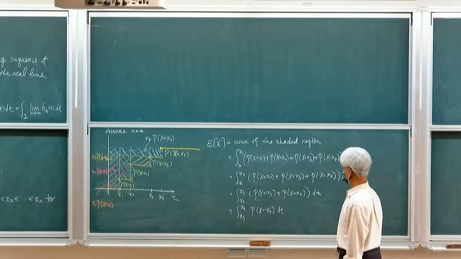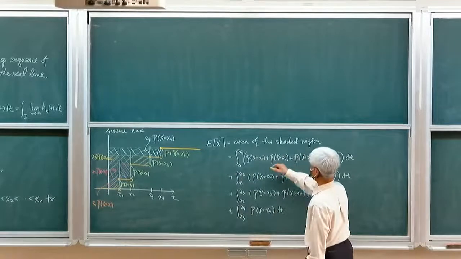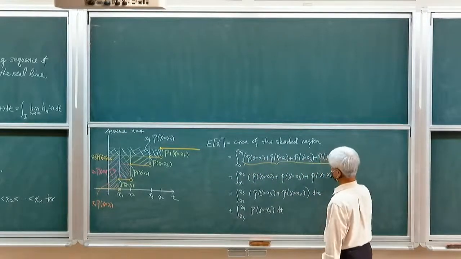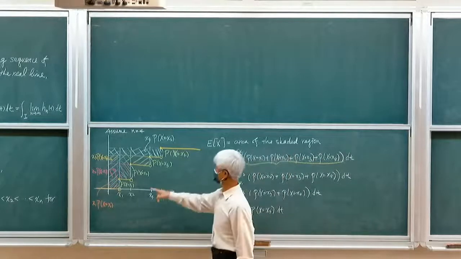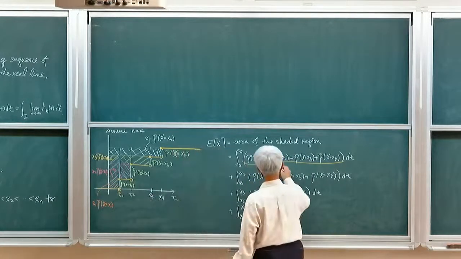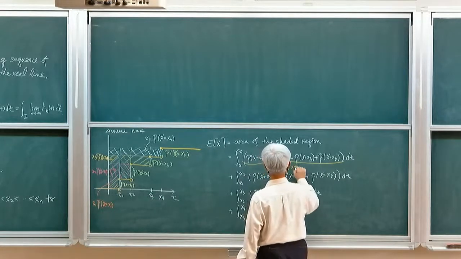Okay, when t is between 0 and x1, but not including x1, you can see that this is equal to the probability of X greater than or equal to t.